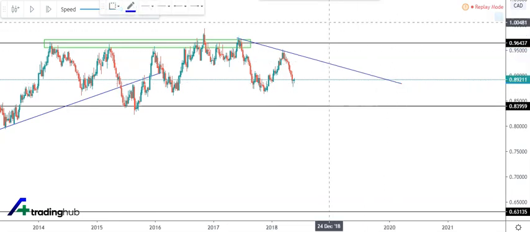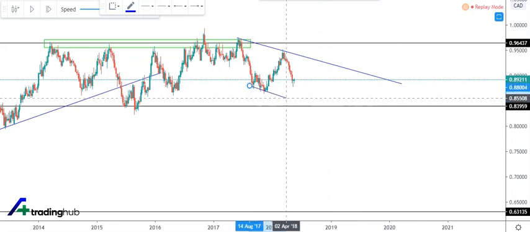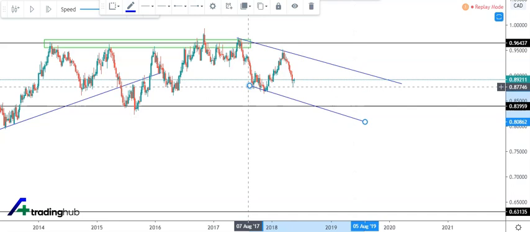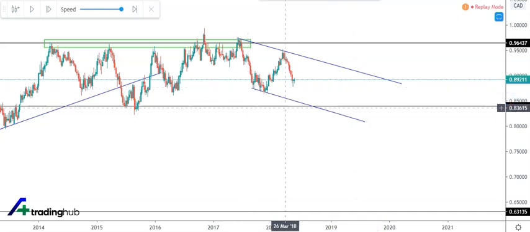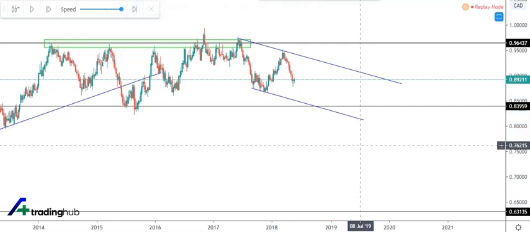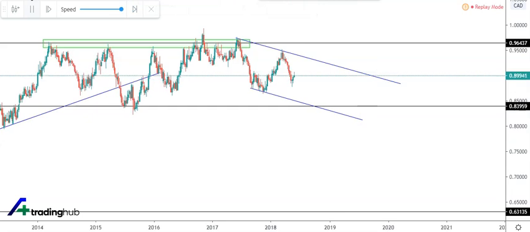So this is how you think in probabilities when you are trading, and you need to plan ahead and position yourself. Okay, so we now have this. Let's see how it plays out.